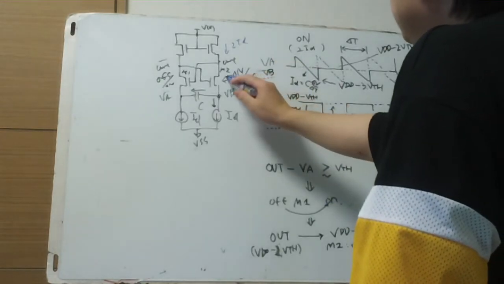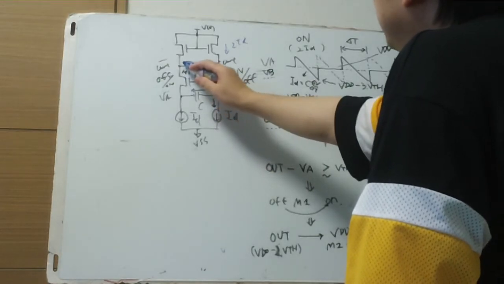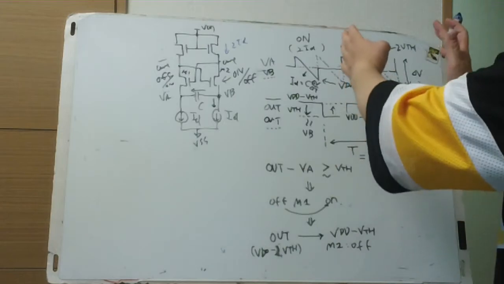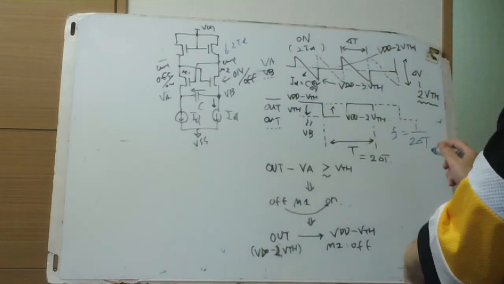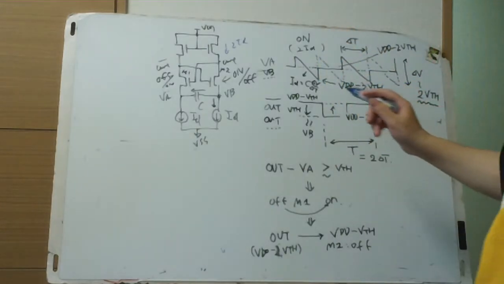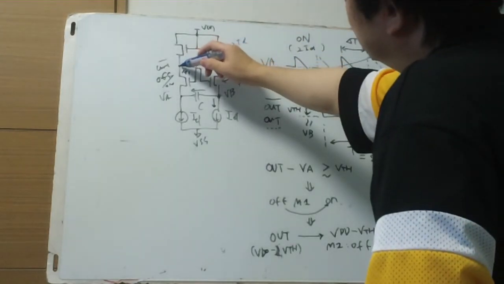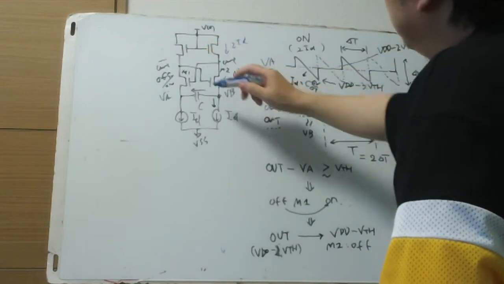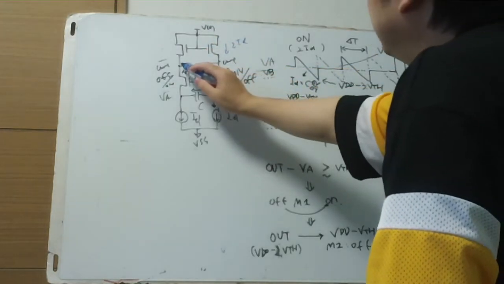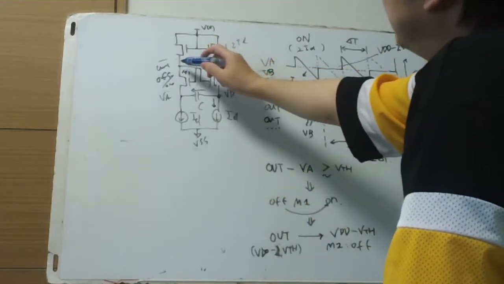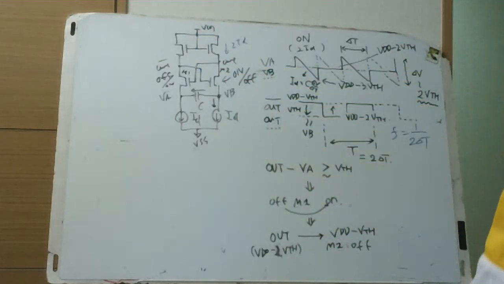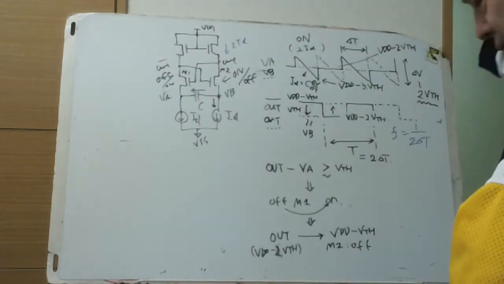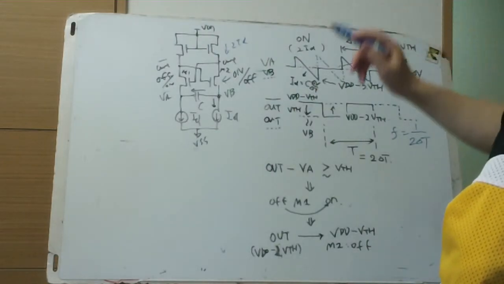When M1 is off, this voltage is going to this node to VDD, because delta T and T are small enough, which means this N channel MOS is in the sub-threshold level.